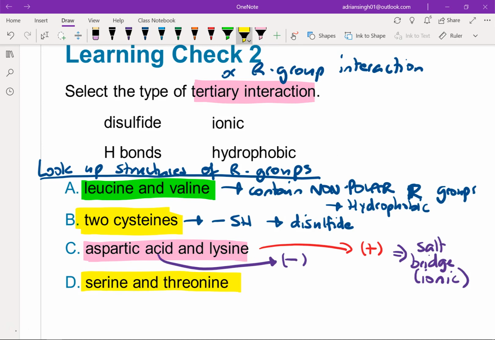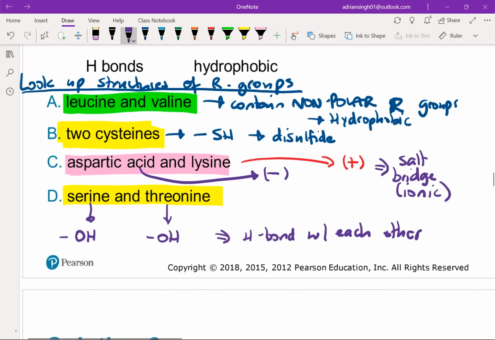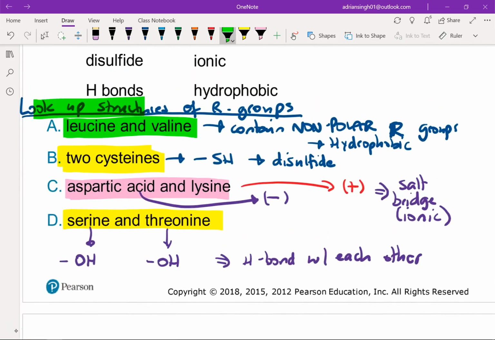If you look up their structures, what you'll see is that both of these contain the very polar OH groups, which means that these can hydrogen bond with each other. Right? The only way that you can determine this is you have to go in and look up the structures of the R groups to see what types of components they actually are made up of.